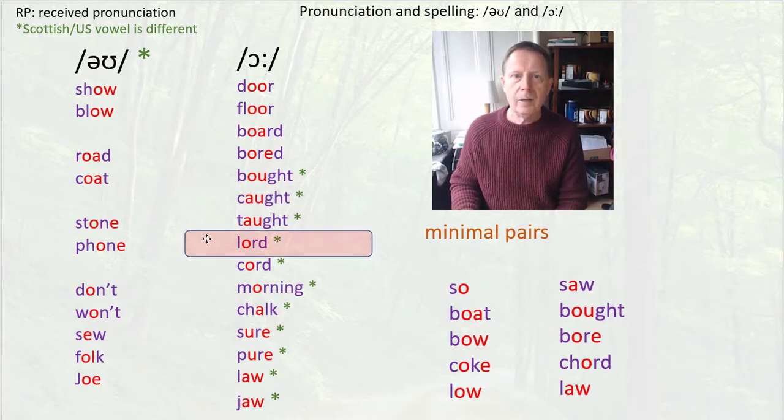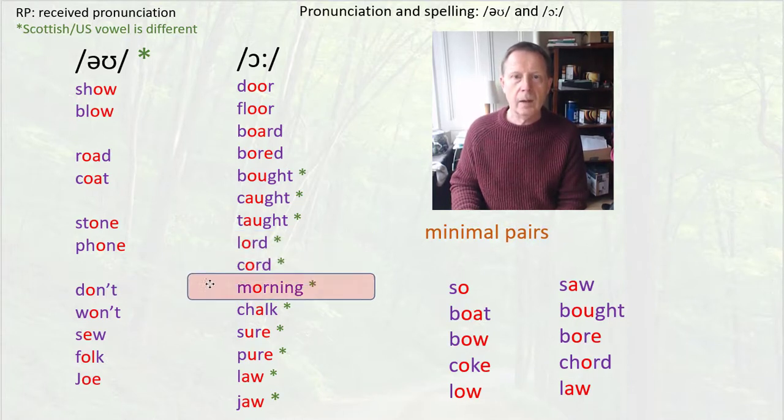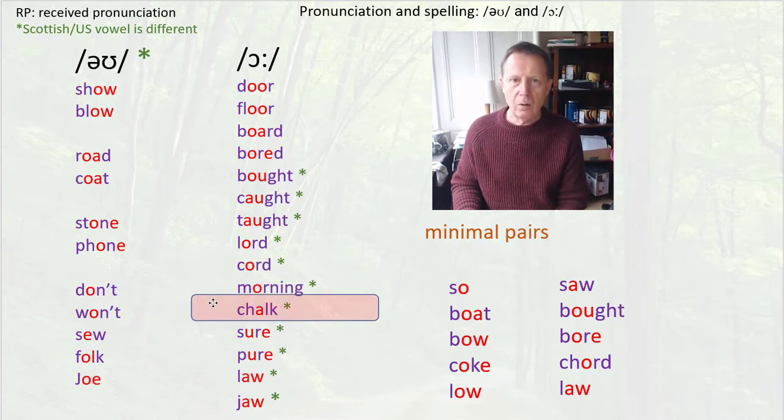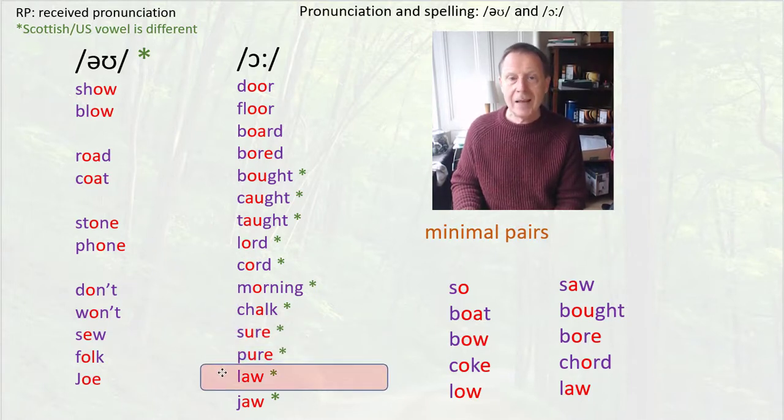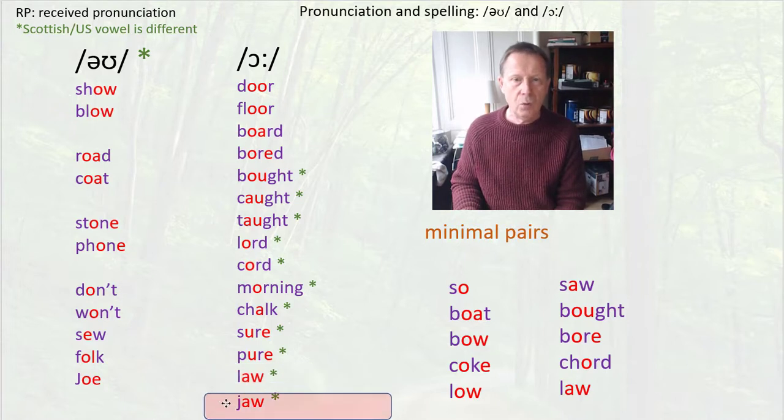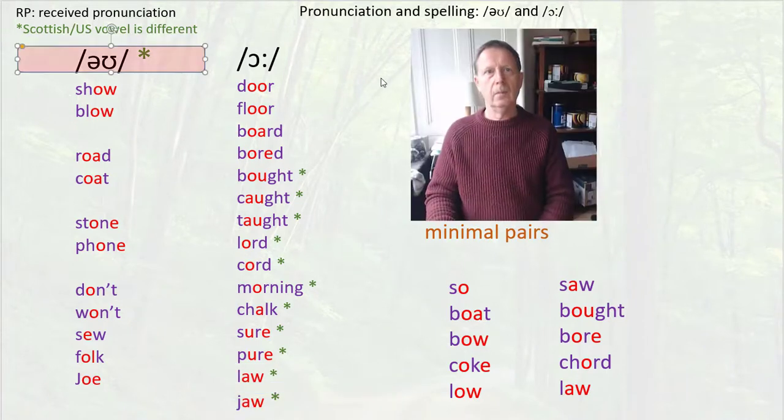And then we have the O followed by an R spelling, lord, cord, morning. And then we have the AL spelling, as in chalk or talk. And then we have this URE spelling in words like sure, pure. And then we have the AW spelling, as in law and jaw.